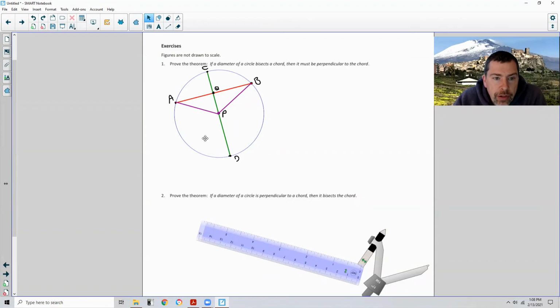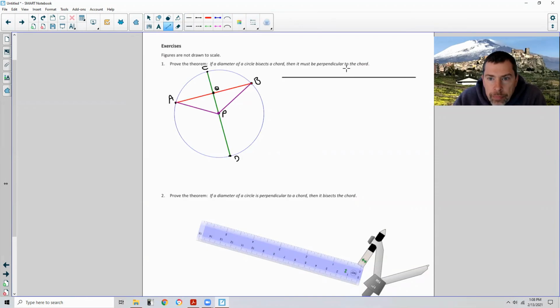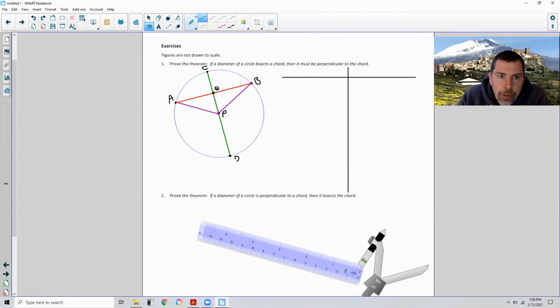I just explained it with a diagram, but now I've got to back up that claim. So I'm going to draw an if-then statement table, like so. Okay, and then we're going to say this is statement, and this is reason.